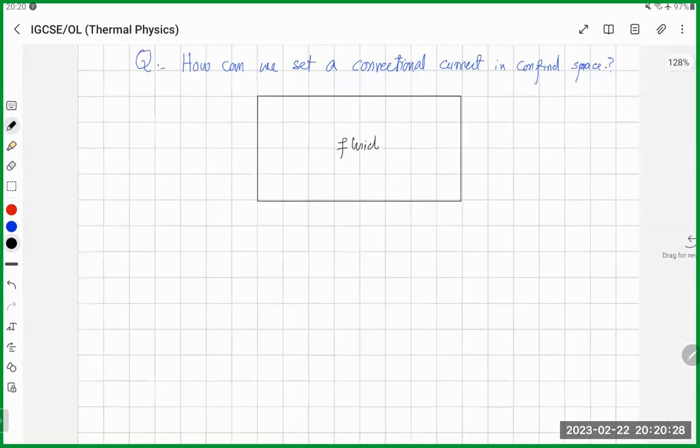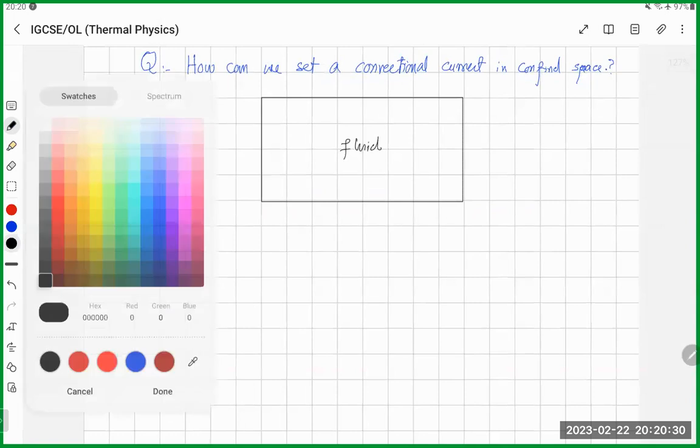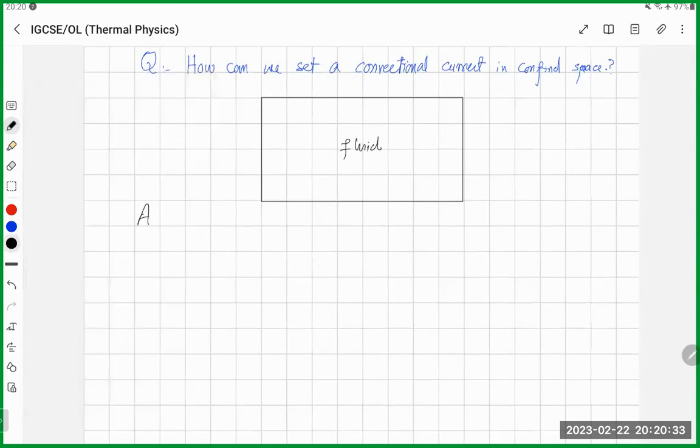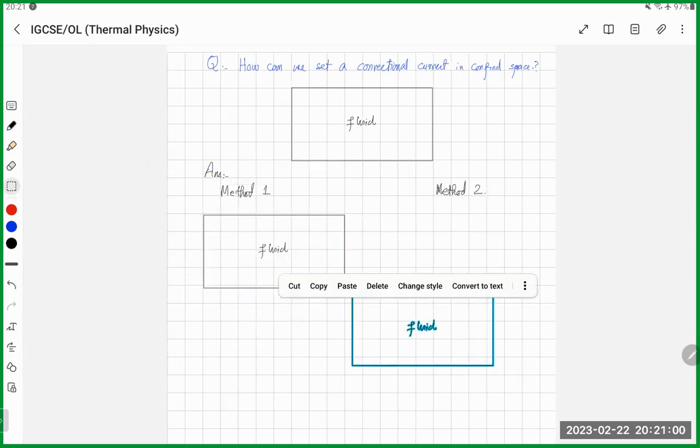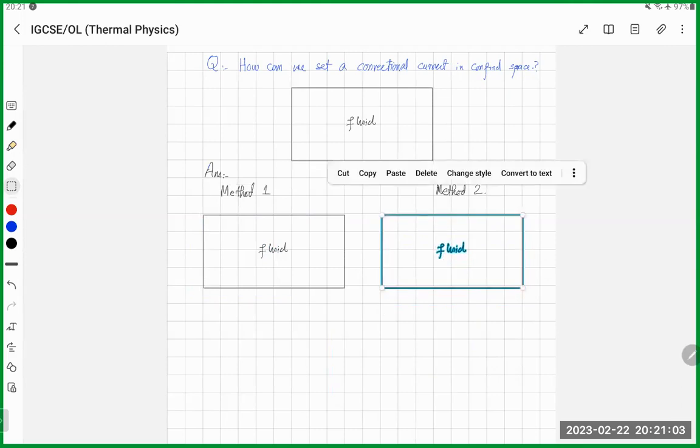How can we set a convection current? Answer. Method 1, method 2.